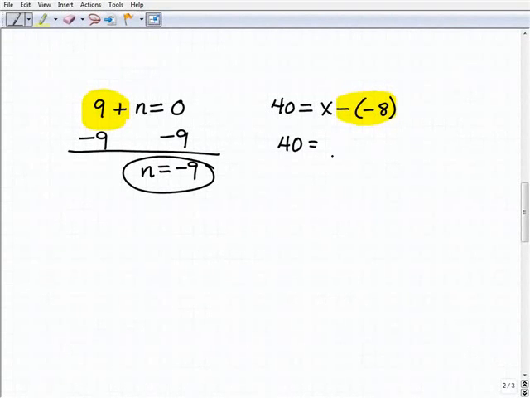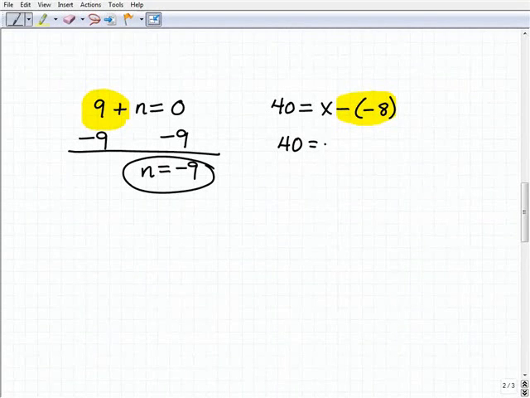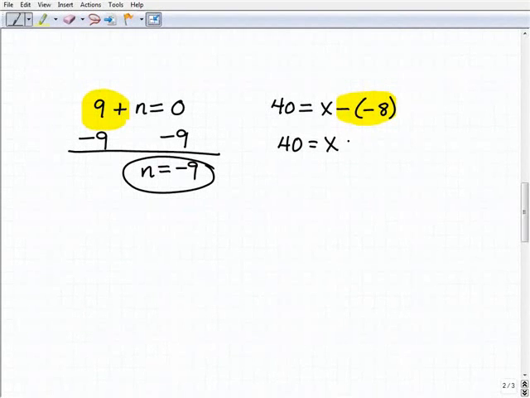Let's go and throw it in there anyways. So what's a minus 8, or a negative times a negative 8? Well, that's going to be a positive 8. So I have 40 equals x plus 8. That's what this really means. Now to get the x by itself, I have to deal with this positive 8 here. So the inverse operation is going to be a negative 8, right?